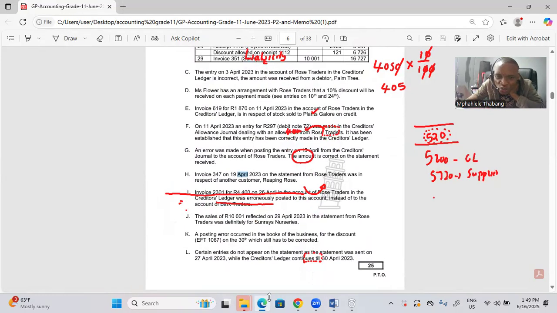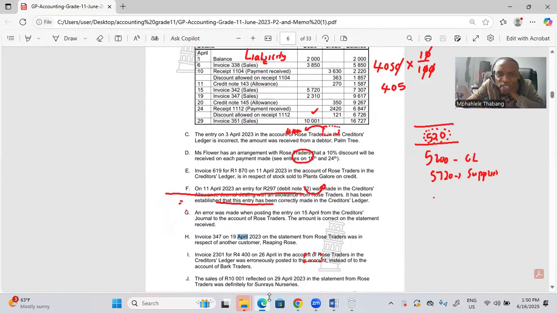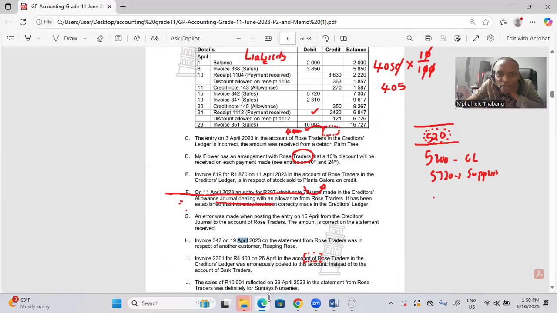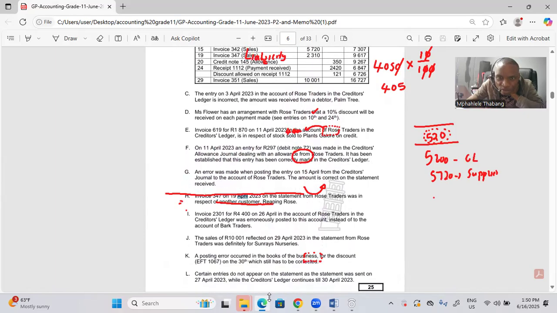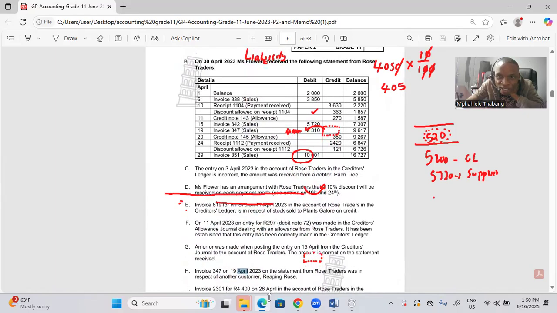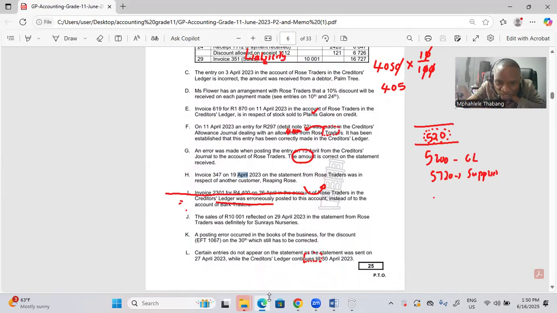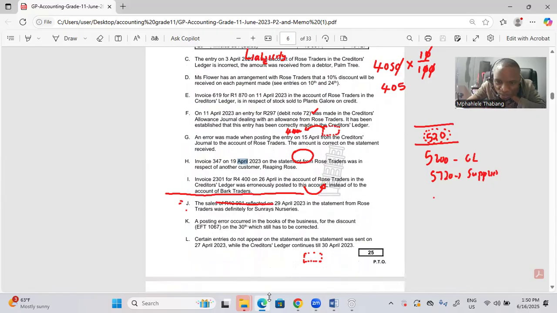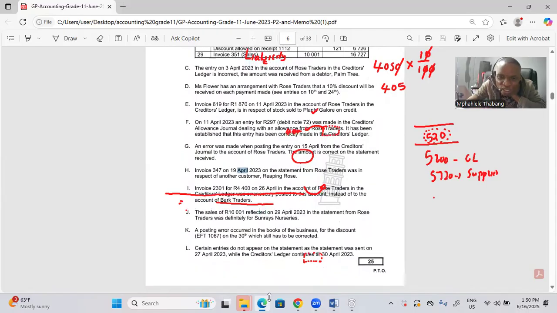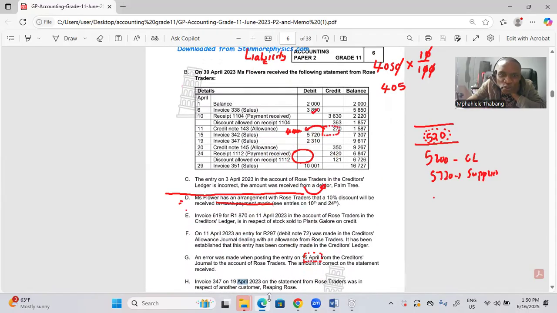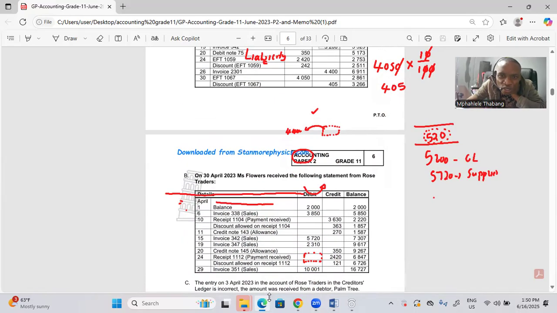So let us go and check, but I see the last date of the statement is 29. What are they saying? Certain entries do not appear on the statement as the statement was sent on 27 April 2023, while the creditors ledger continued till 30 April 2023. So let me check.